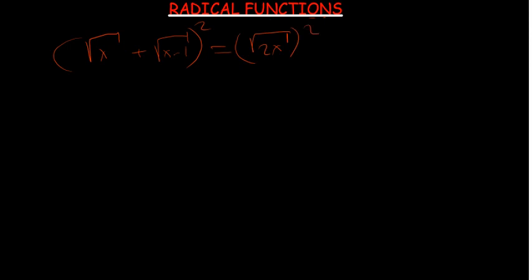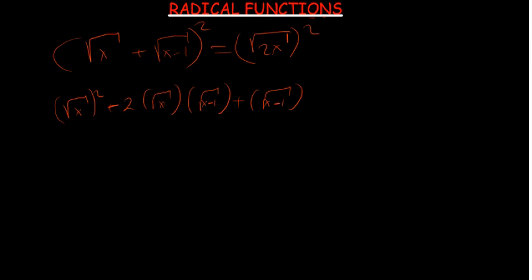So this is going to give us the root of x squared if we expand, and then plus 2 the root of x times the root of x minus 1, and then plus the root of x minus 1 squared, and that will be equal to the root of 2x squared will give us a 2x.